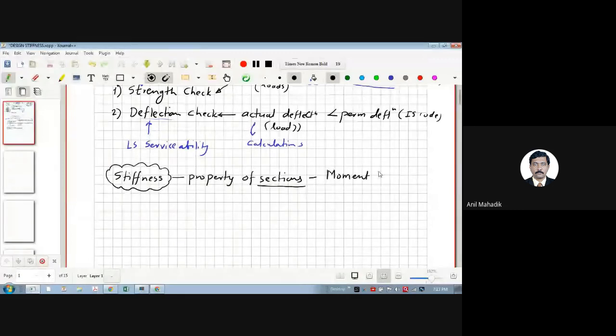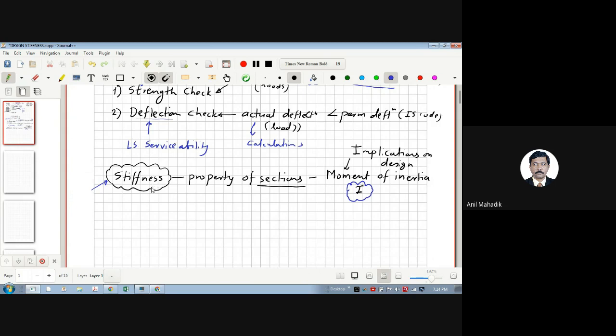So you should know what is meant by moment of inertia and how it affects the design. So the implications you should know, implication of moment of inertia on the design. So you should know what is meant by I, how to calculate that. Because as the stiffness increases, what happens? That we will study. Okay, no issue.